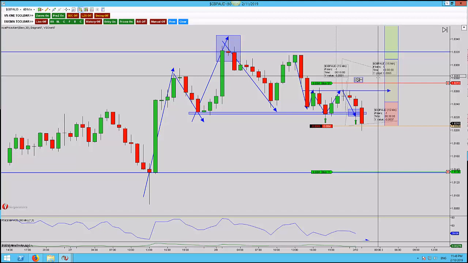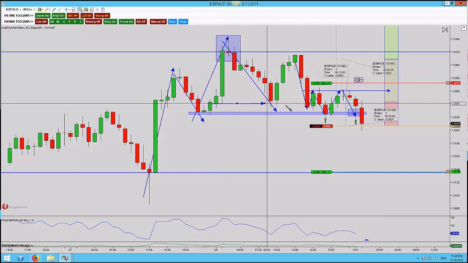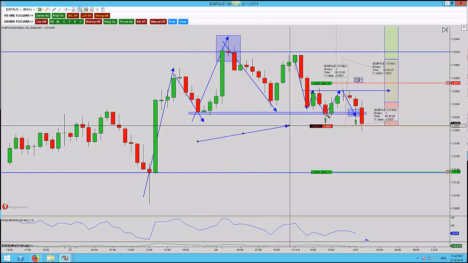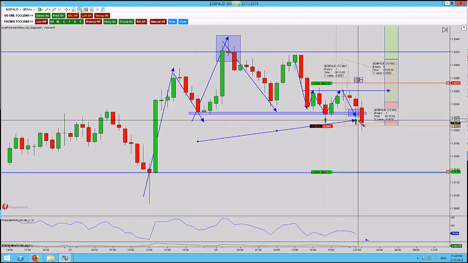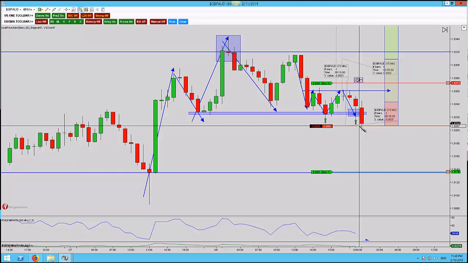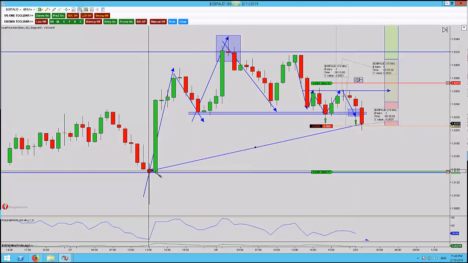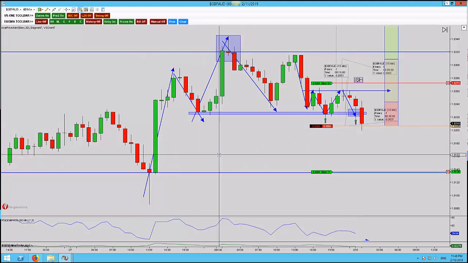However, I have got back involved now, because we've had the break below, close below this structure and this structure level. We've clearly broken below it here, so my indication now is we're going to be coming down to this level. Two head and shoulders, one was better than the other in my opinion.